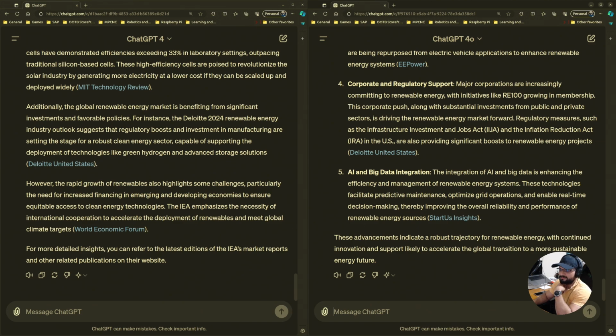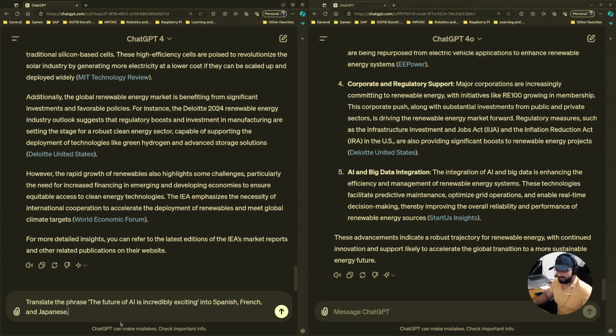All right. So the next one is multilingual translation and multilingual capabilities of GPT-4, right? So let's see if it can demonstrate translation skills by translating a phrase into multiple languages, right? So let me ask it to translate this phrase into 3 languages actually.